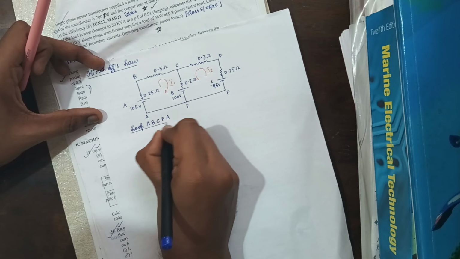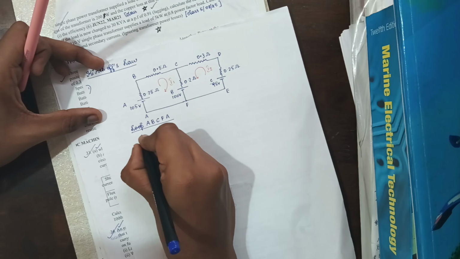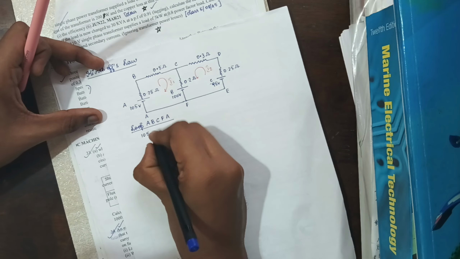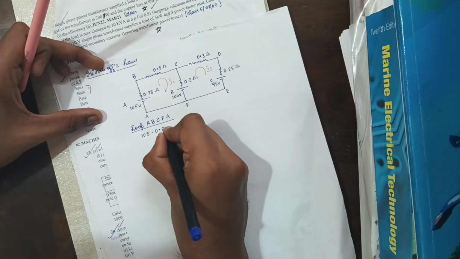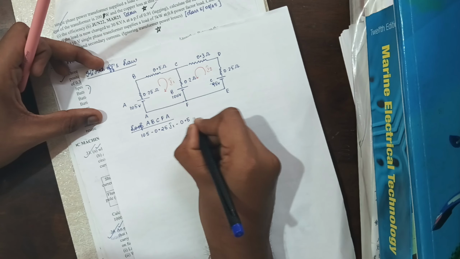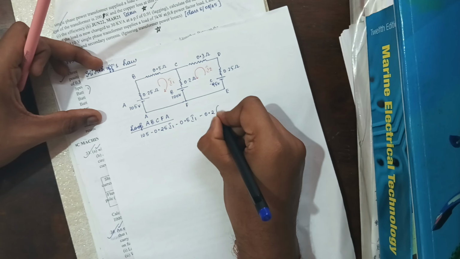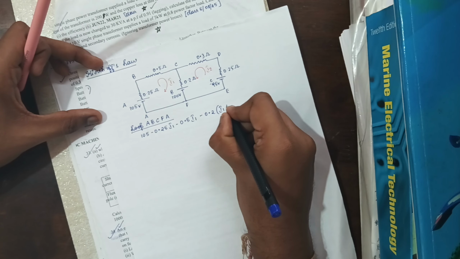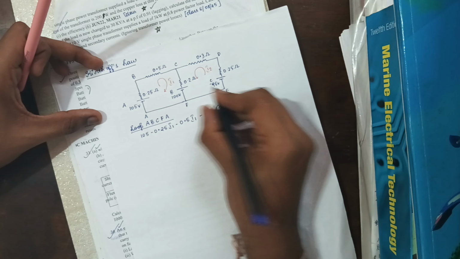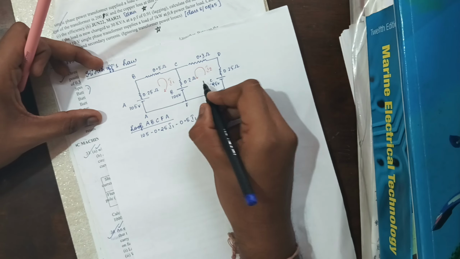So current is flowing from negative to positive, so that is 105 minus 0.25 I1 minus 0.5 I1 minus 0.2 times I1 plus I2, because here two currents are flowing through the 0.2 resistor, that is I1 as well as I2.